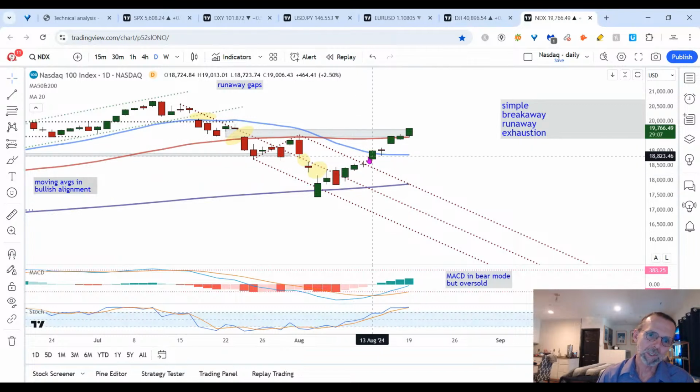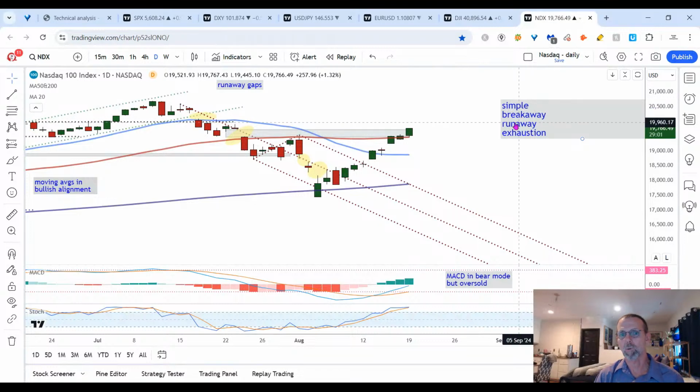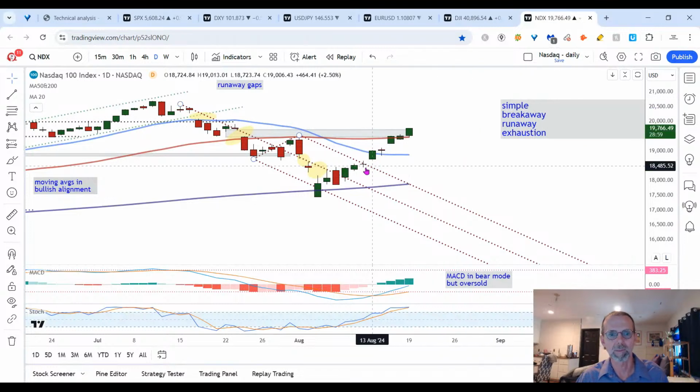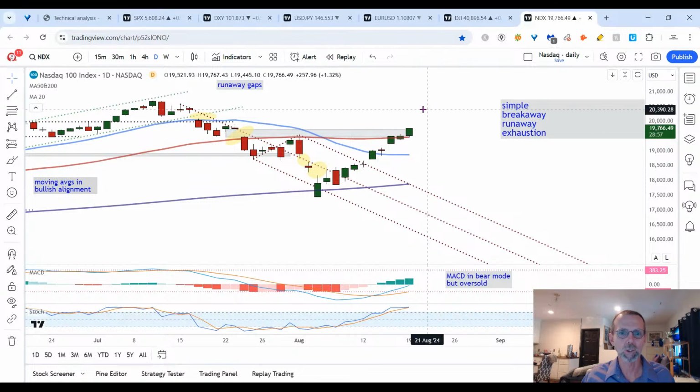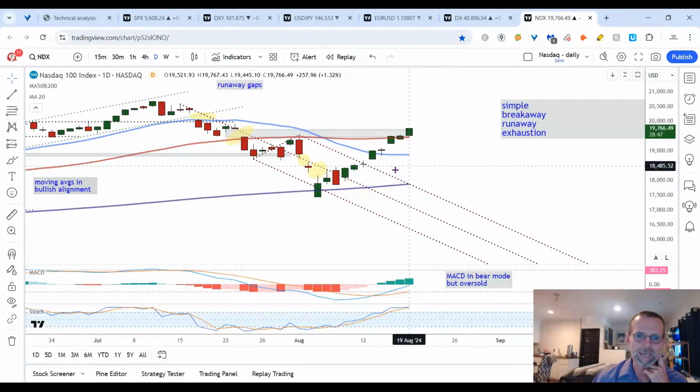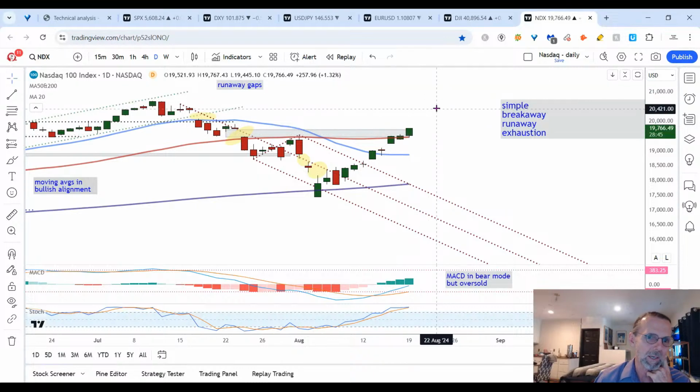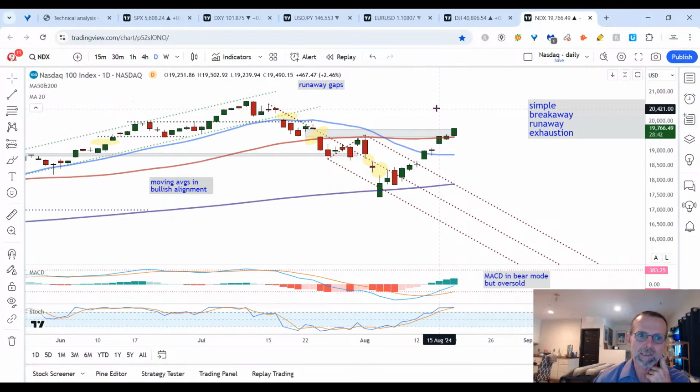And so when we start seeing a series of gaps, we can talk about breakaway gaps or runaway gaps, that basically there's enough energy for price to continue, whether it's higher or lower, with a series of gaps. And so that's basically runaway gaps. It's a series of gaps as price makes its move.